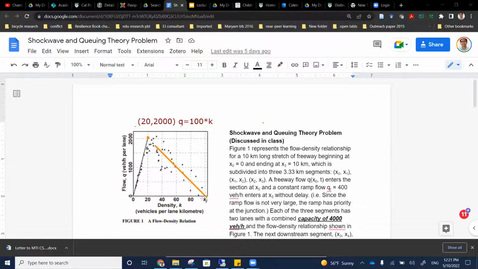You can see that this jam density point has an x-axis value of 100. What's the flow rate? It's 0, right? There's no flow at all. It's completely jammed up at that point. So 100 and 0 is the point.